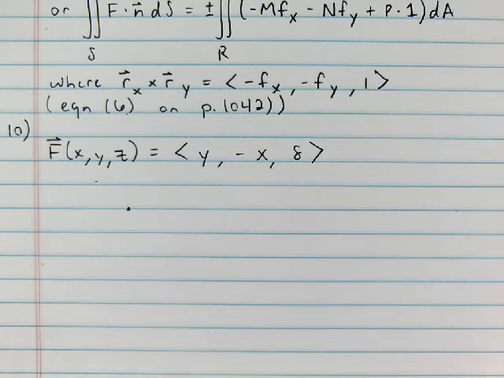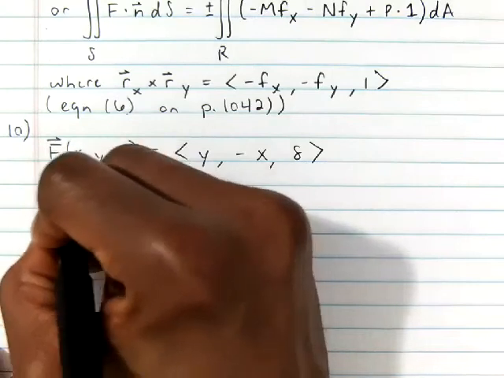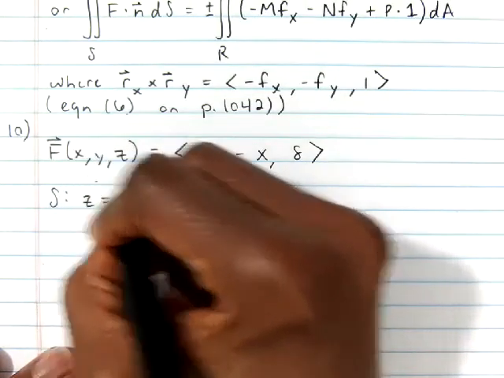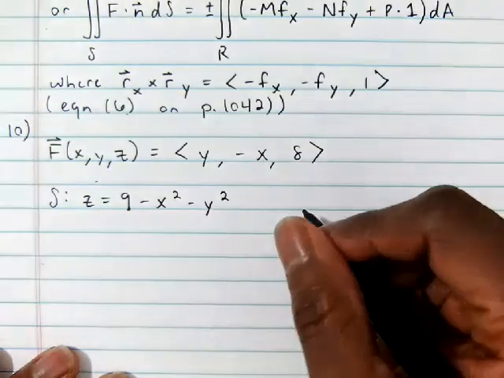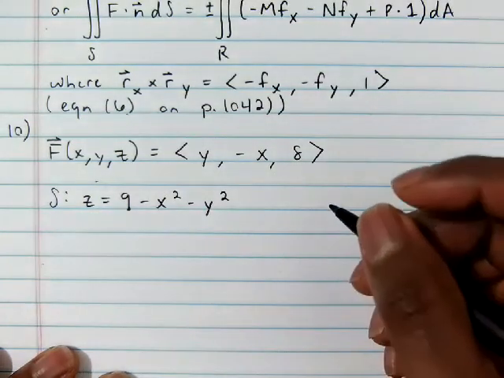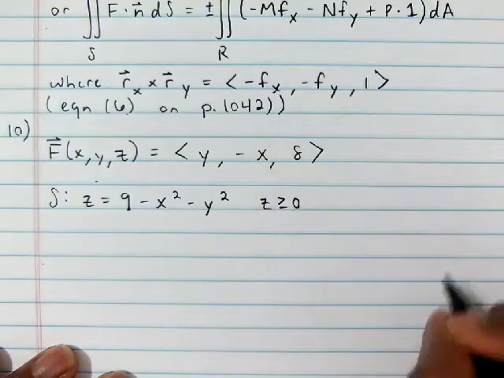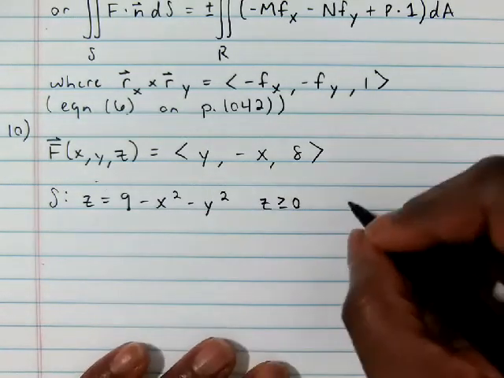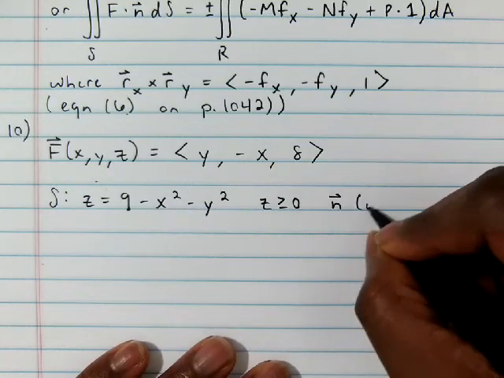So the surface is z equals 9 minus x squared minus y squared, and above the xy plane tells us that z is greater than or equal to 0, and they tell us that n, the normal vector, is upward.